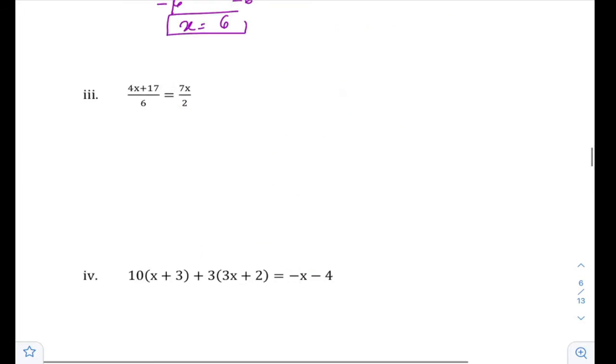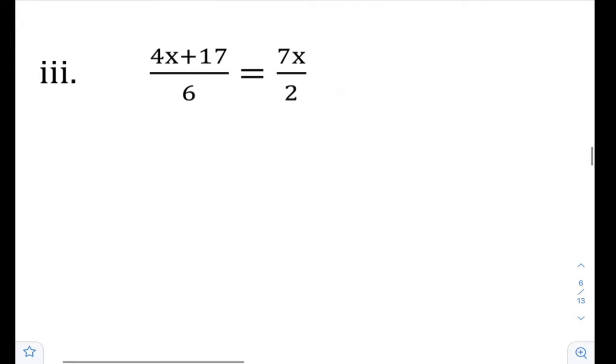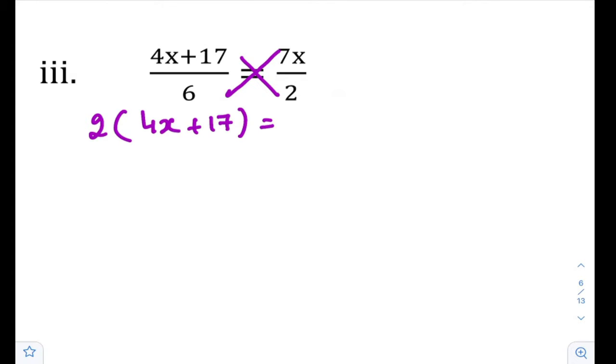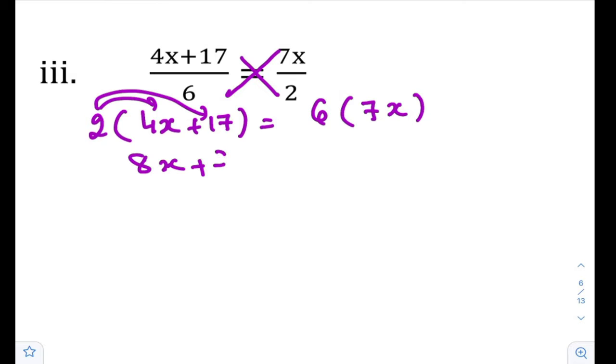Question 3, another proportion, doing the same procedure. One may ask me, you didn't distribute.